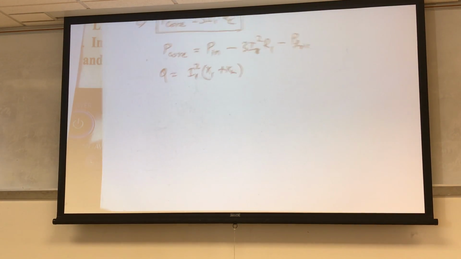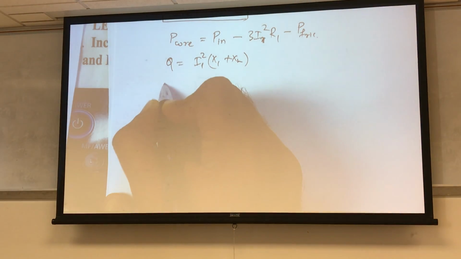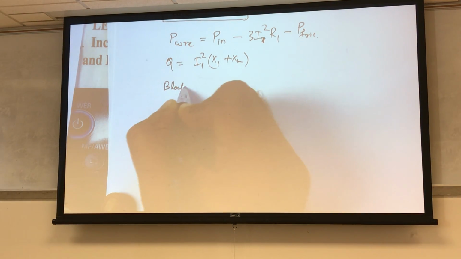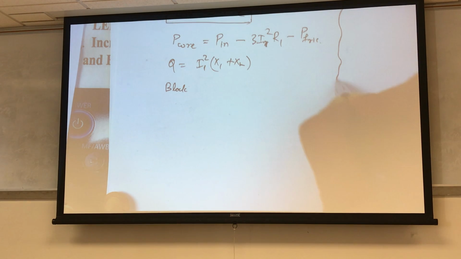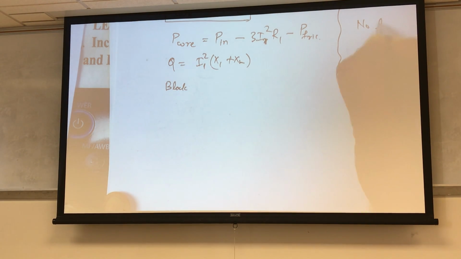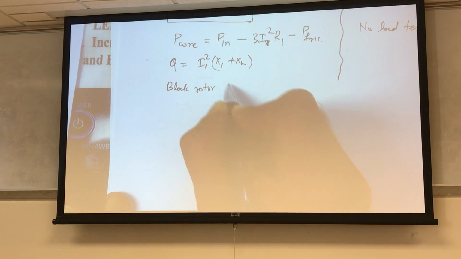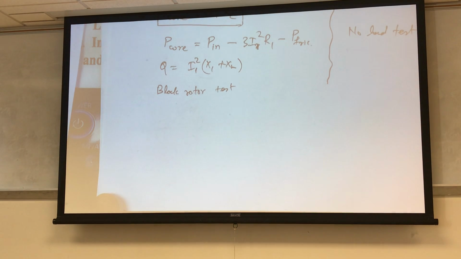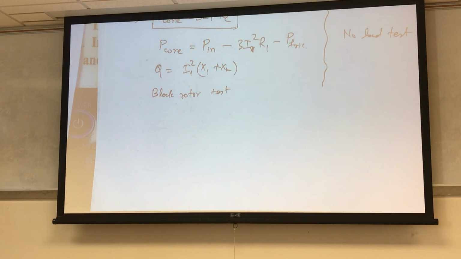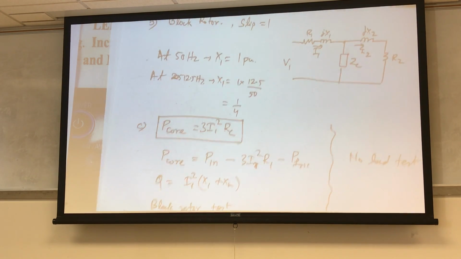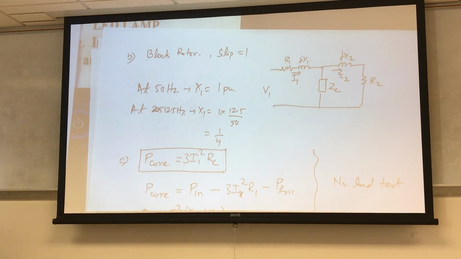And similarly, when you go for the blocked rotor test, this part you can find from the no load test. So when you go to the blocked rotor test, this is the equivalent circuit for the blocked rotor test.